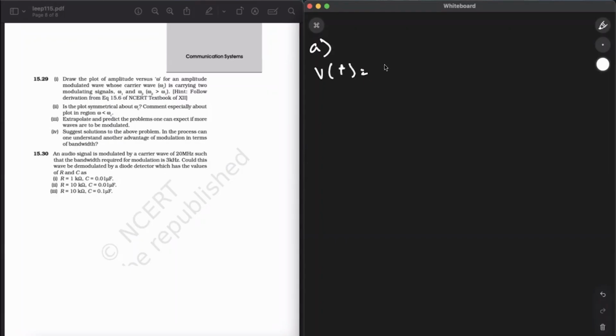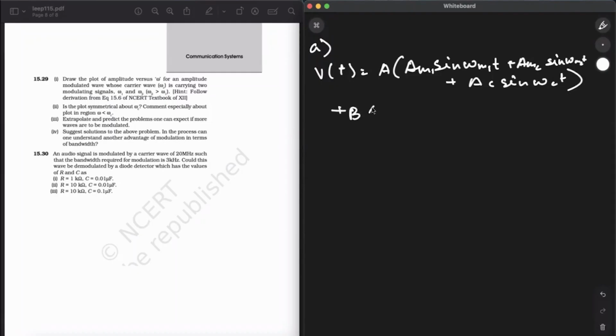The voltage Vt, you can address as amplitude modulation 1 sine omega m1 t plus amplitude modulation 2 sine omega m2 t, plus AC sine omega ct.